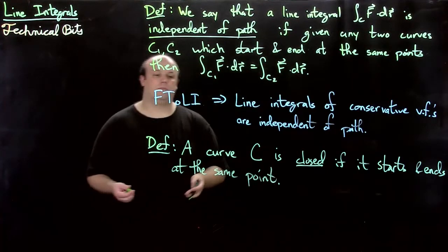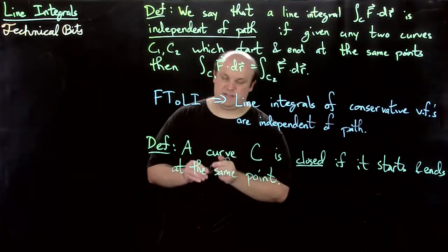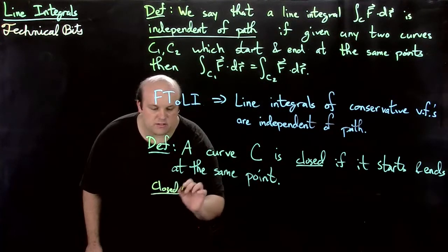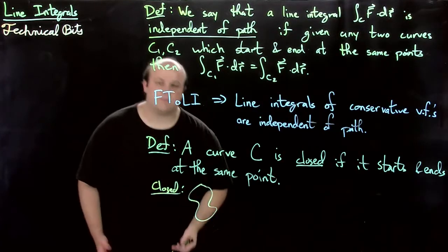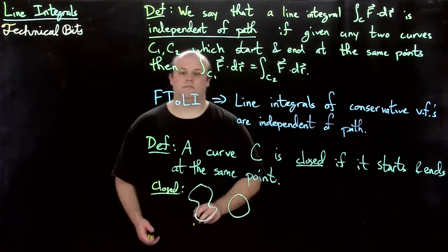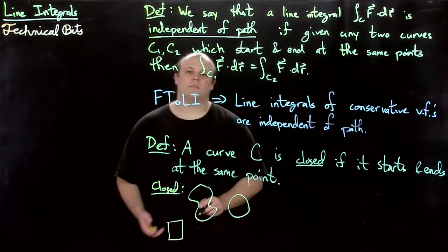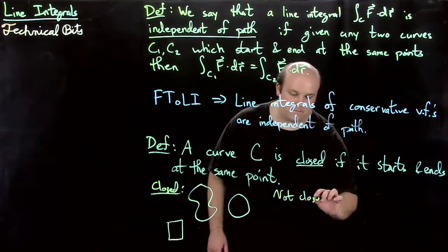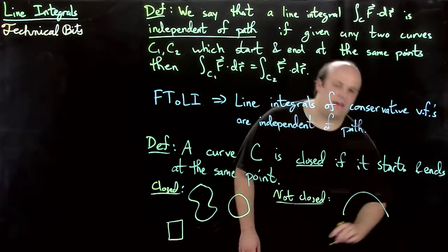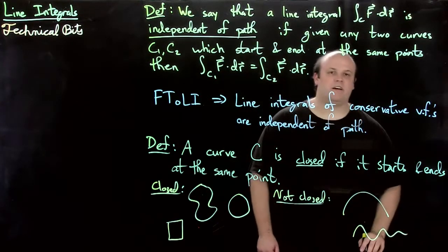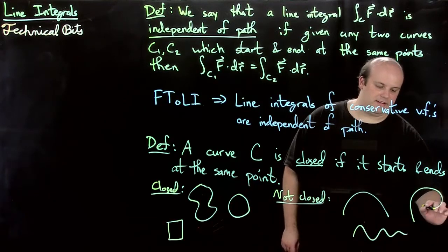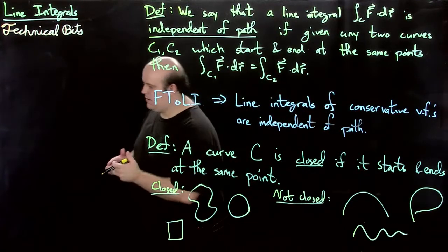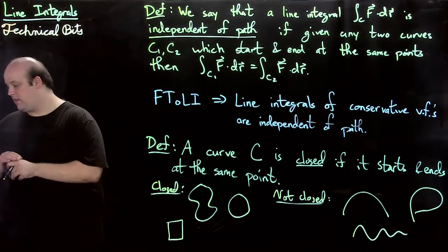Something that is closed, think of a circle. So things that are closed: maybe this squiggly dude, a circle, a square. Things that are not closed would be a half circle, this wavy line here. It actually has to close up, all right?